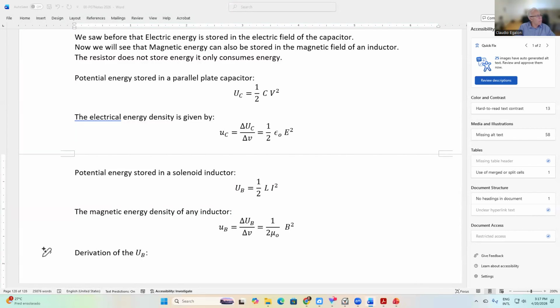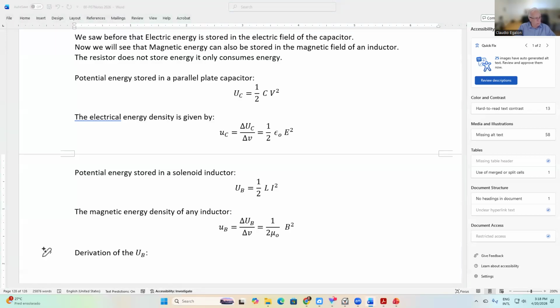Just remember that we have the definition of potential and the definition of potential energy. And the way it goes is like the following.